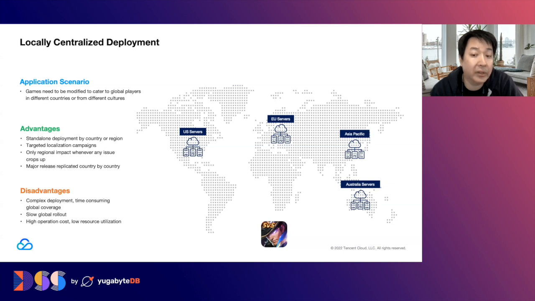You're only regionally impacted whenever there's an issue that crops up. And you can have a major release replicated country by country. The disadvantages of this model is that games need to be modified to cater to global players in different countries or from different cultures.